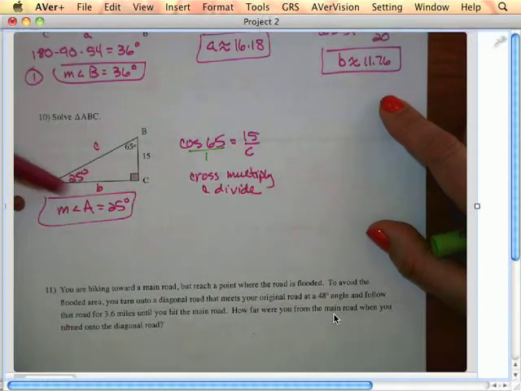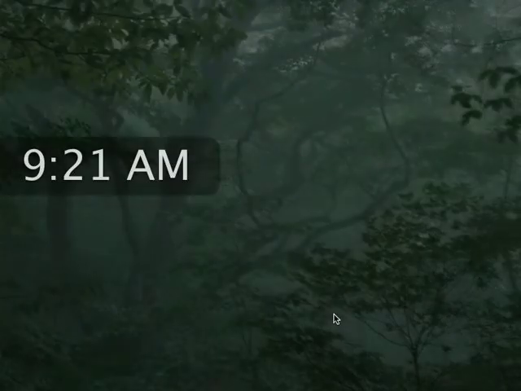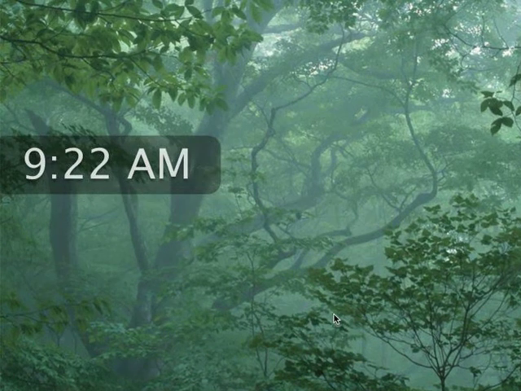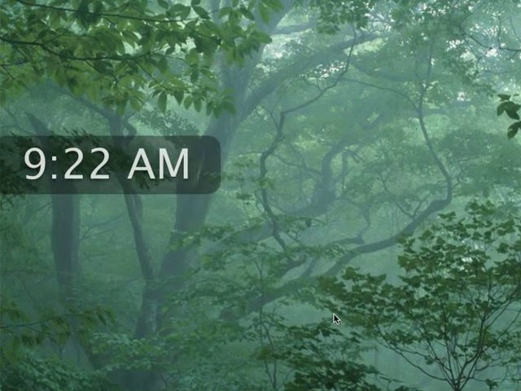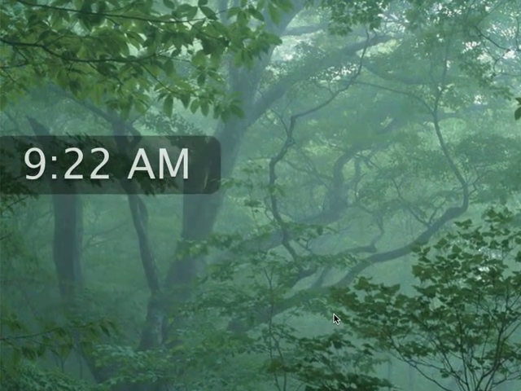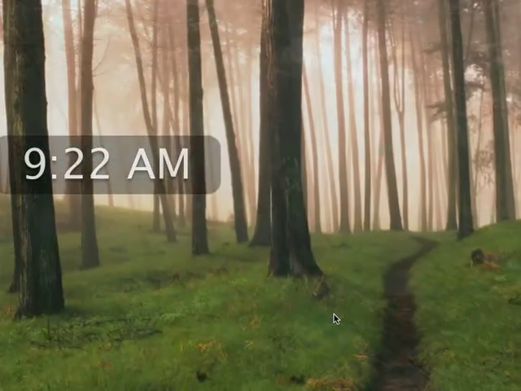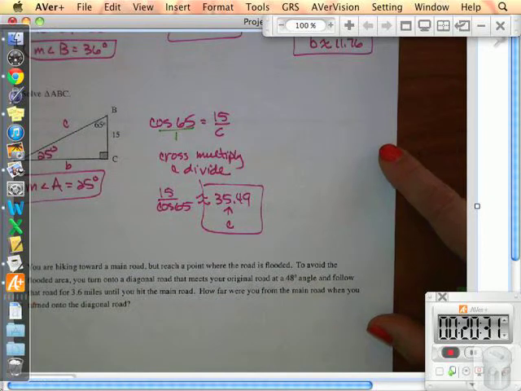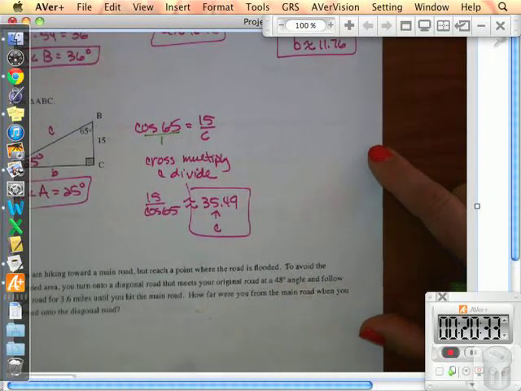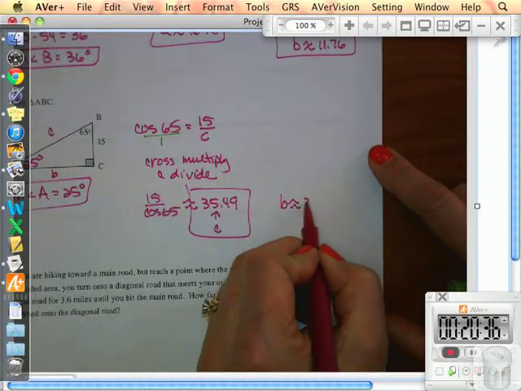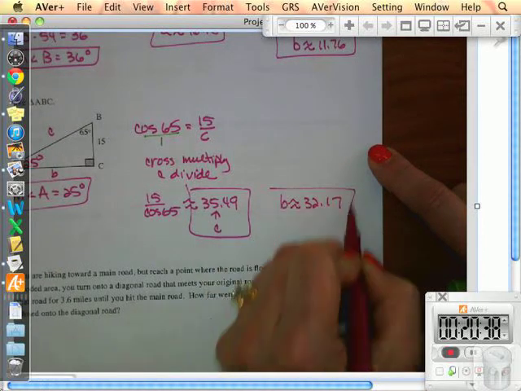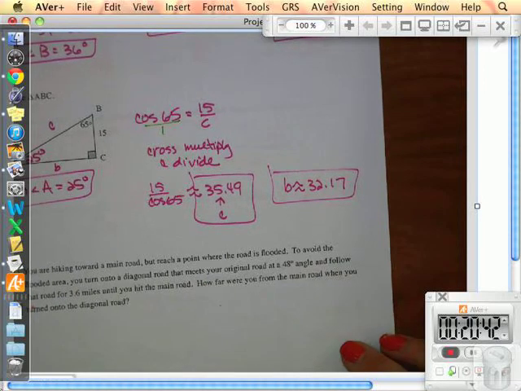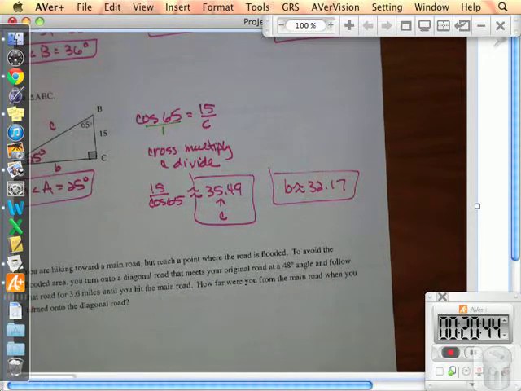Which turns out to be 15 divided by the cosine of 65, which is approximately 35.49, which is my C. All right, now you can use the Pythagorean theorem, or you could use tangent, or you could use whatever to find B. I'm just going to give it to you. And we just would not be doing trig ratios unless we did a story problem. Great.